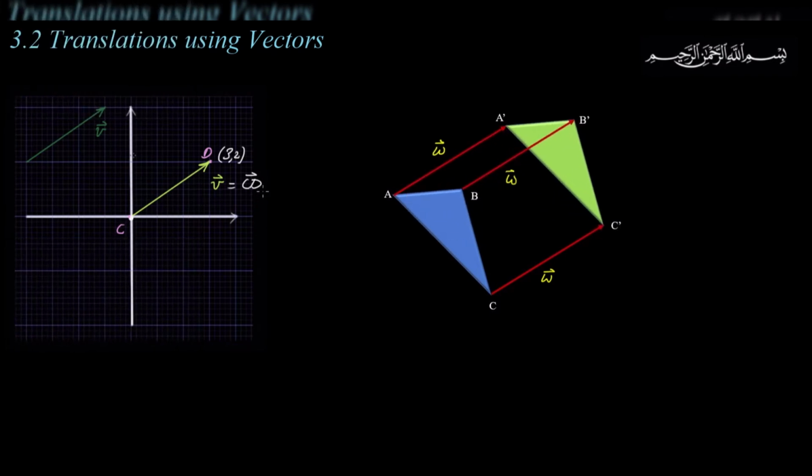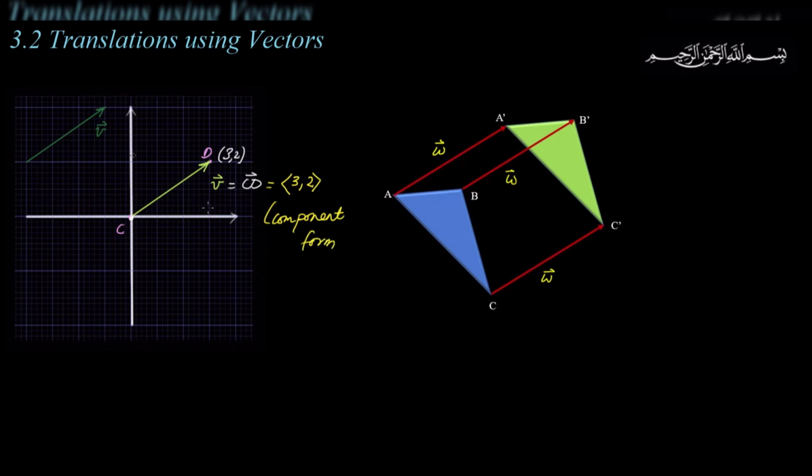That is, you can define this vector and say, okay, this begins, if you put it at the origin, at 0, 0, and this vector can be written as 3, 2. Now, this is called the component form. That's the component form of writing a vector.